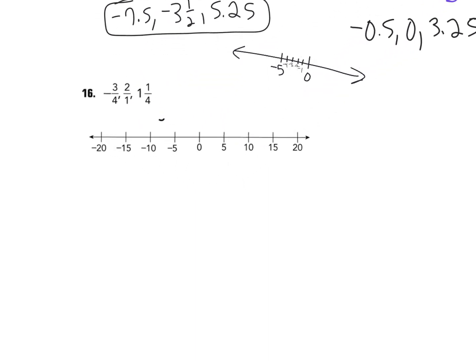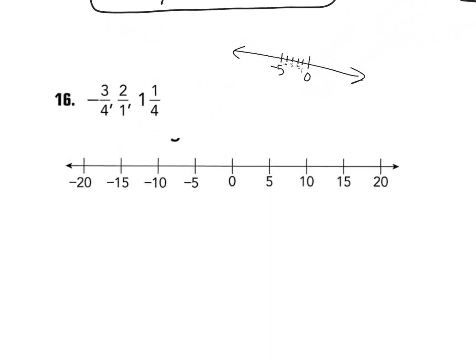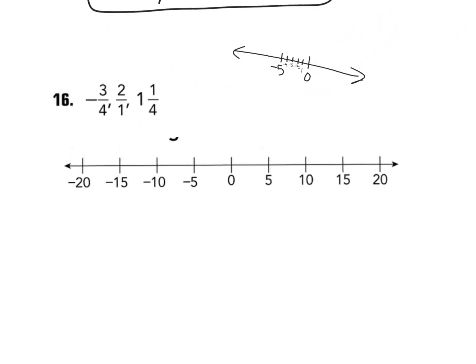Okay, and then number 16. The second number we have is 2 over 1. 2 divided by 1 is just 2. Make sure you see the negative here on this one. On your tests, I will try to put the negative with the numerator. So negative 3/4 is just into the negatives.